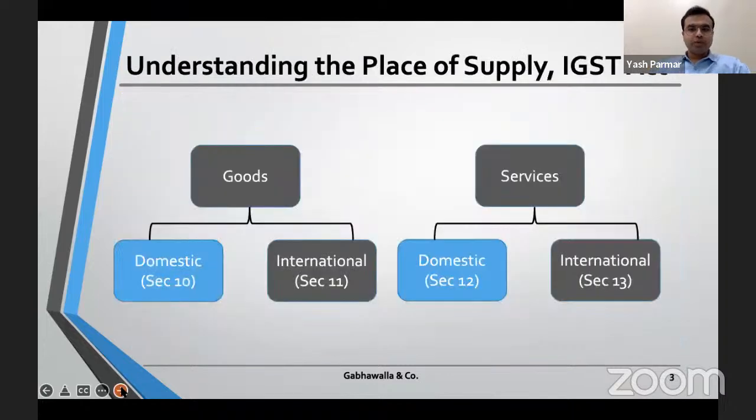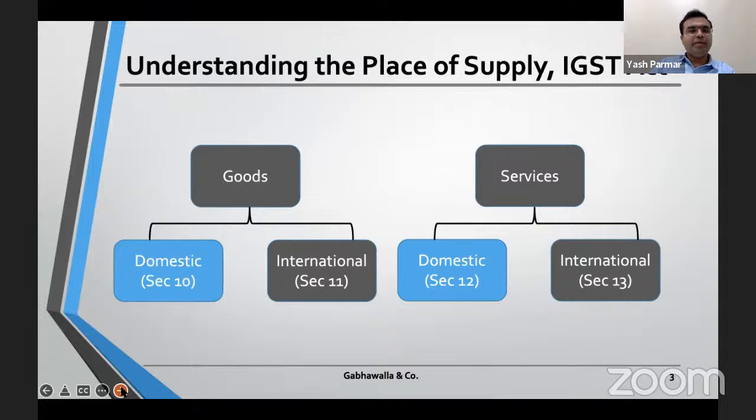If you look at the overall picture of place of supply provisions defined in the IGST Act, there are primarily only 4 sections which deal with them: Section 10, Section 11, Section 12, and Section 13 of the IGST Act. My partner Darshan has already discussed Section 10 and Section 12 with you all because they deal with place of supply for domestic transactions.